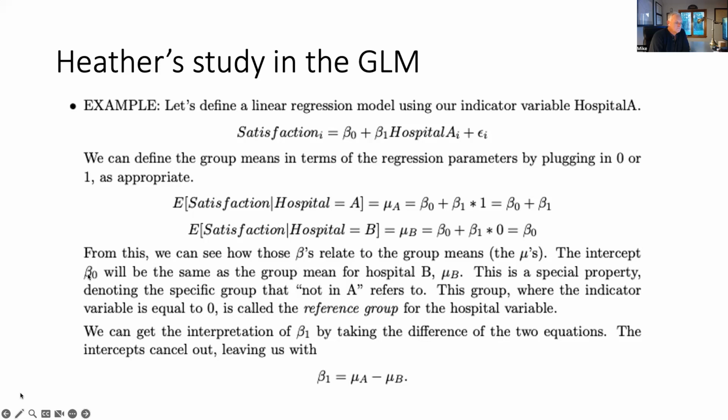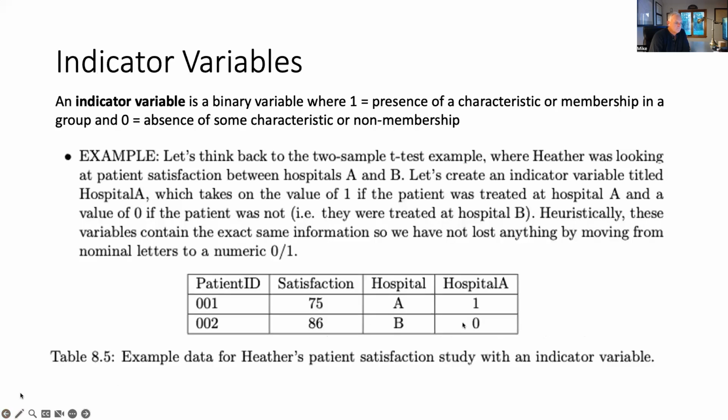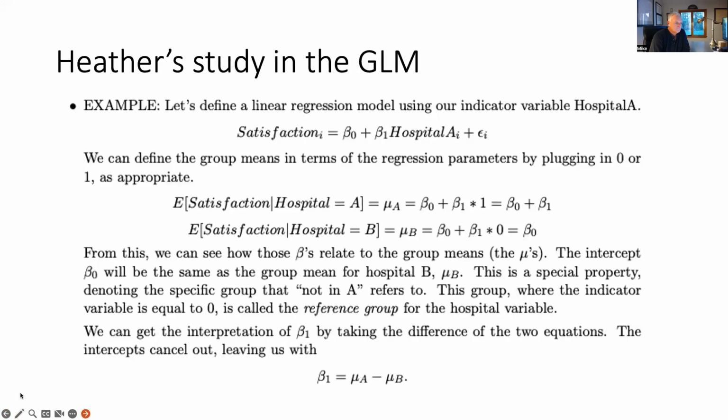indicator. The intercept will be the group mean for the reference group, right? Because remember, our coding is that hospital B is the reference group, they're the zeros. So in using indicator variable coding, when we fit a linear regression model with an indicator variable alone, the intercept, beta 0, is the group mean for the reference group.